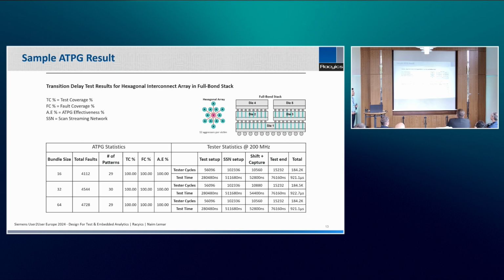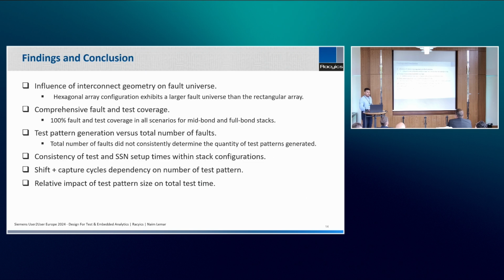The shift and capture cycles definitely depend on the number of patterns. And if we look at the test time, maximum we will have around 900 microseconds to test those interconnects.